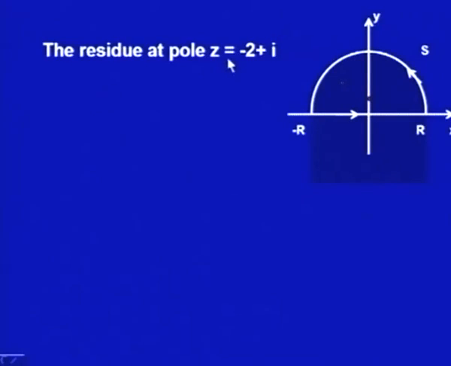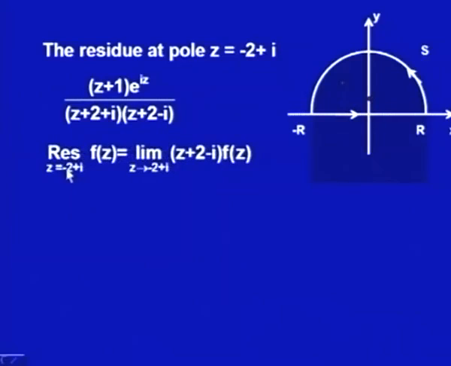Again, because it is a simple pole, I would use the first formula: residue at z = −2 + i is the limit as z approaches −2 + i of (z + 2 − i) f(z). If I multiply (z + 2 − i) with this f(z), I would get (z + 1) e^(iz) upon z + 2 + i. So, I would get the limit as z approaches −2 + i of (z + 1) e^(iz) upon (z + 2 + i).